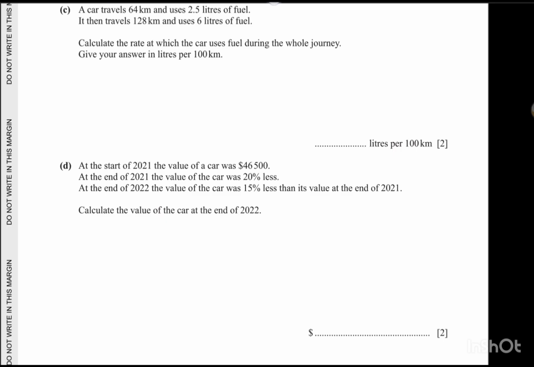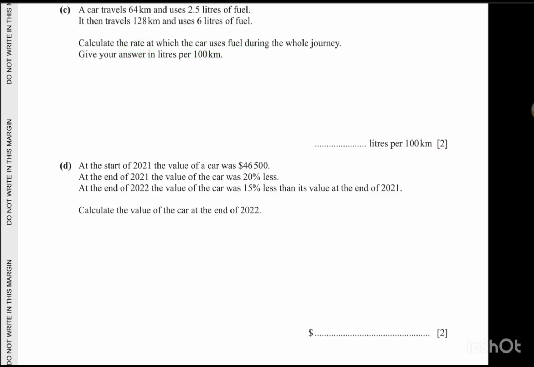Question number C. A car travels 64 kilometers and uses 2.5 liters of the fuel. It then travels 128 kilometers and uses 6 liters of fuel. Calculate the rate at which the car uses fuel during the whole journey. Give your answer in liters per 100 kilometers. So here they are asking us to find out the rate at which the car is using the fuel.